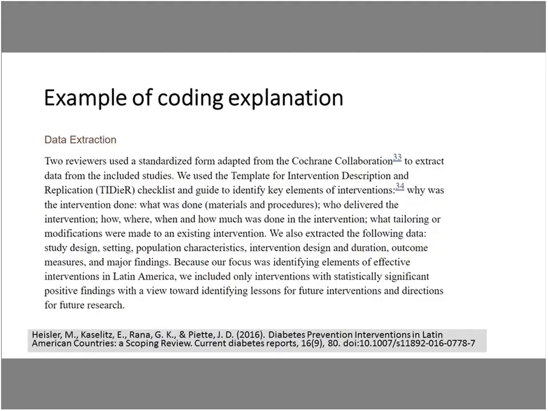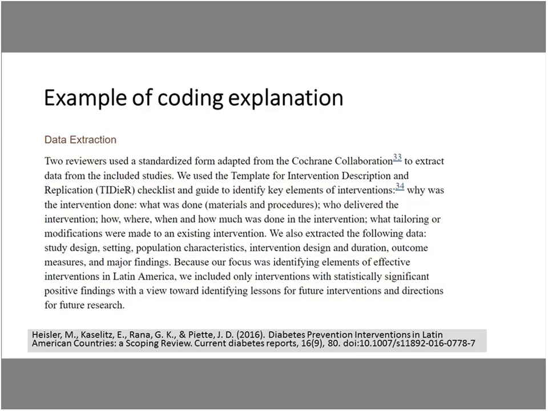So this is an example from a scoping review that I found where they describe the process that they did. Here they say that they looked at the Cochrane collaboration tool, and then they also used the TIDieR checklist, which is a checklist of what should be reported when talking about an intervention.